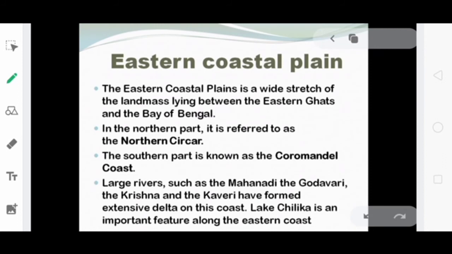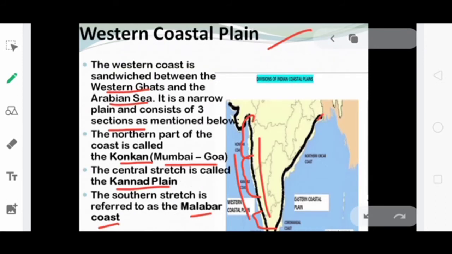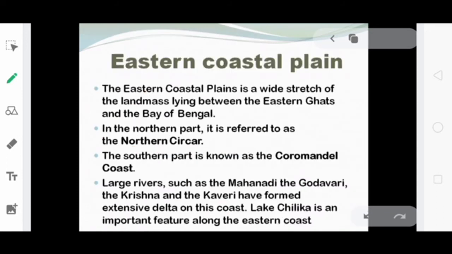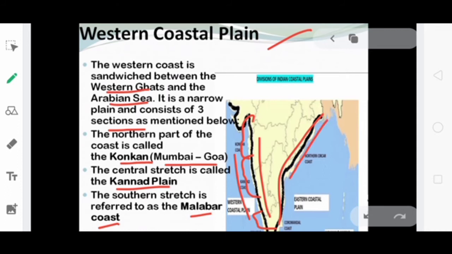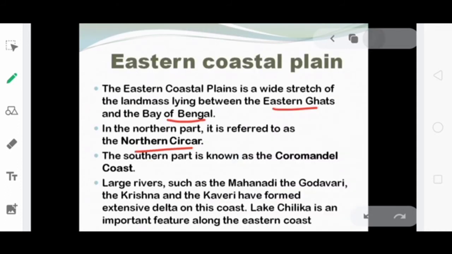Next is the Eastern Coastal Plain, the area lying to the east side. The Eastern Coastal Plain is a wide stretch of landmass lying between the Eastern Ghats and the Bay of Bengal. The northern part is referred to as the Northern Circars.